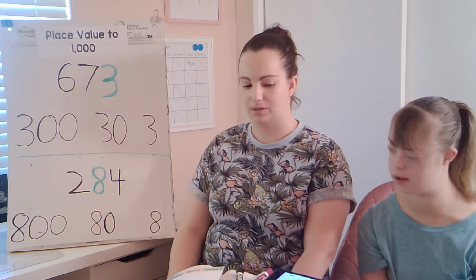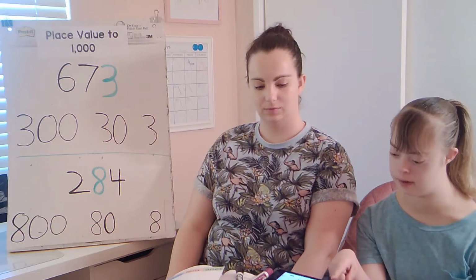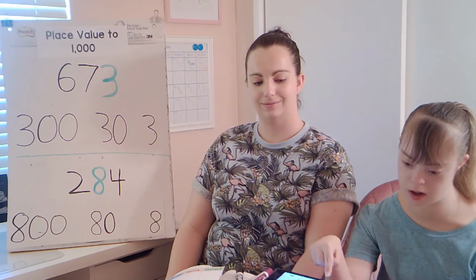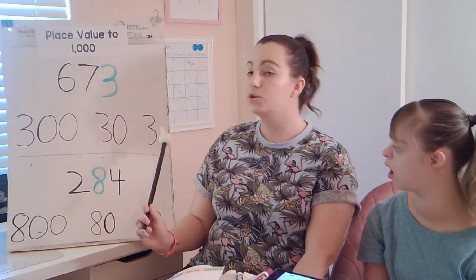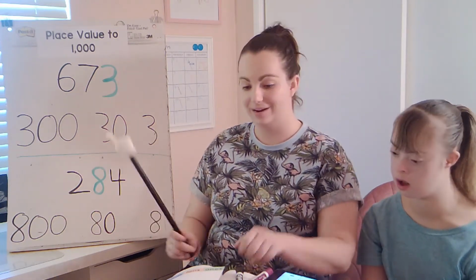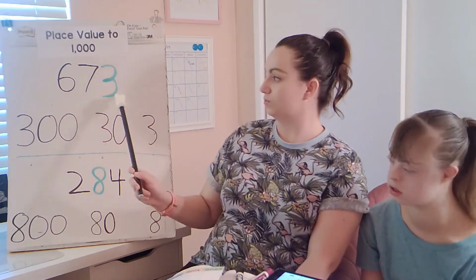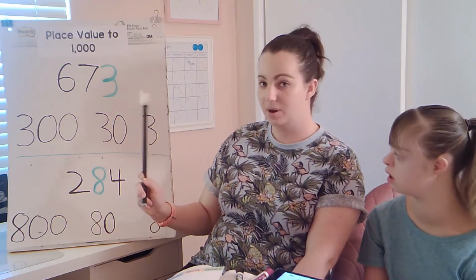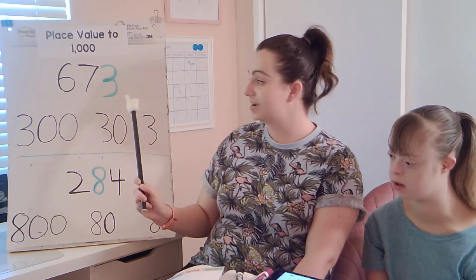What do you think it is, Kaylee? Yeah, go ahead. 3. Yeah, it's the 3. Because look, is there any number after that 3? No, because it's in the 1 spot.